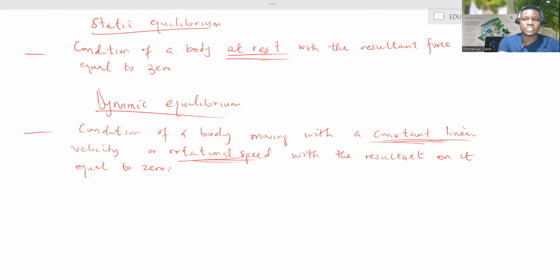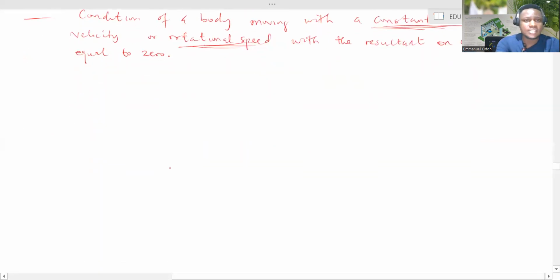So what are the conditions for equilibrium? So we're going to state conditions for equilibrium.